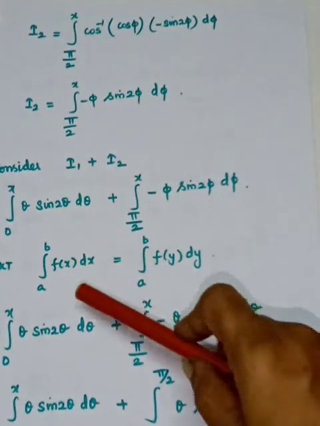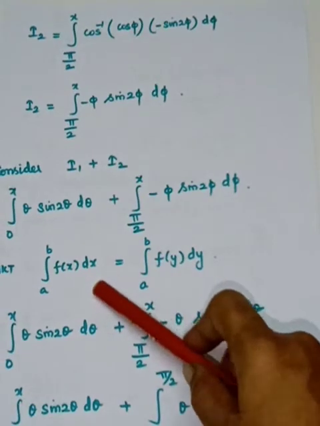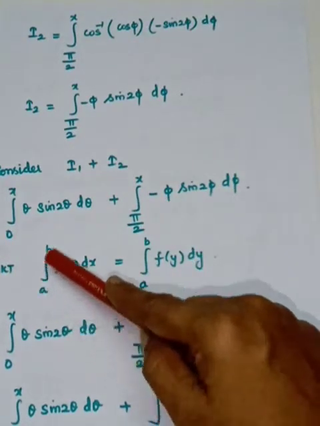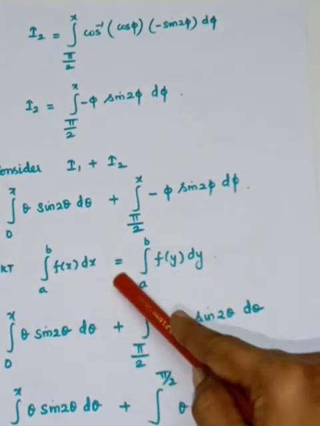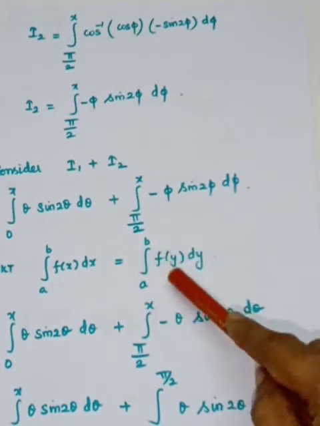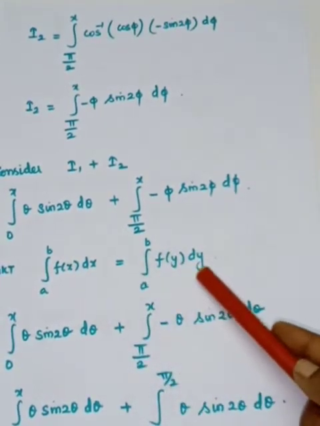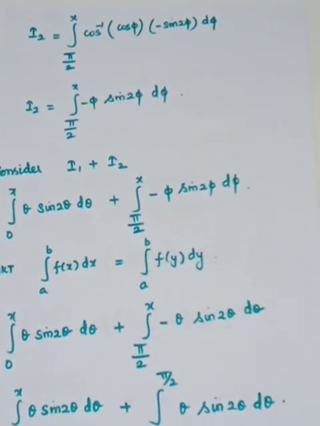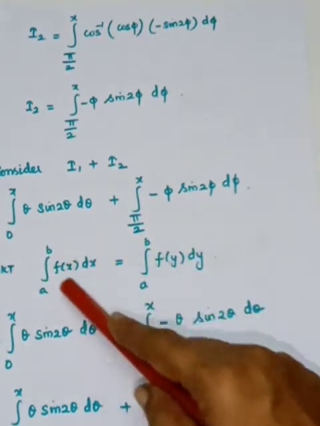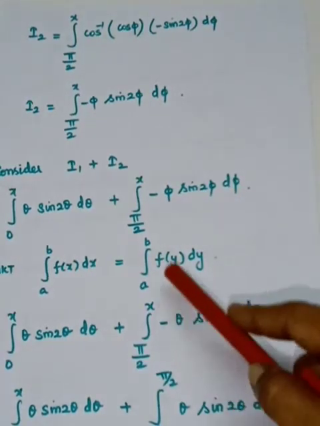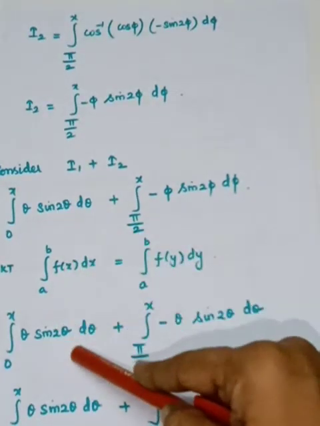Okay. So you see that a definite integral is independent of the change of variable. So the integral from a to b of f of x dx can be written as the integral from a to b of f of y dy. Here the variable is x, and here the variable is changed to y. So it is allowed in the definite integral. Using this property, this phi can be changed to theta. So the first integral I have written as it is.